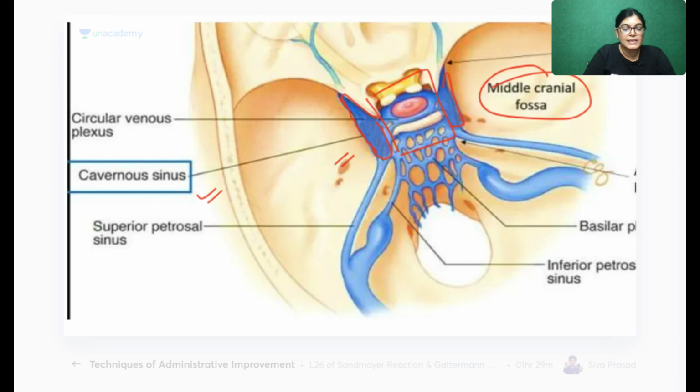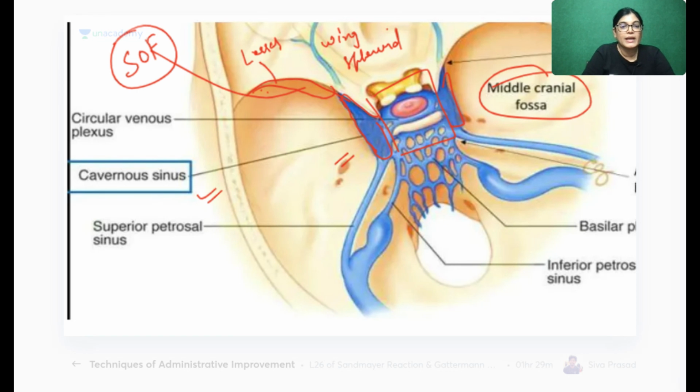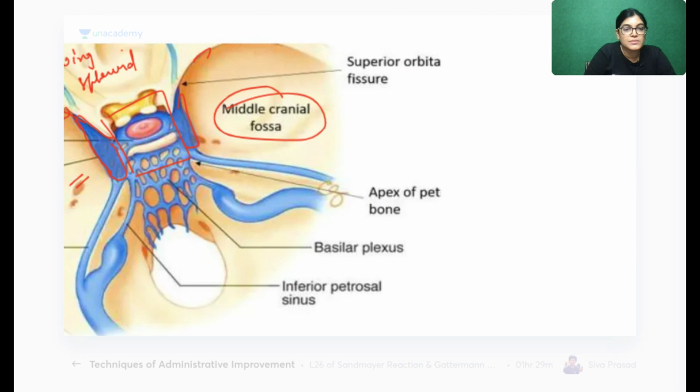Regarding the extent, anteriorly it is extending. This is the lesser wing of the sphenoid, and just below the lesser wing of the sphenoid, the structure residing here is the superior orbital fissure. Here will be the location of the superior orbital fissure.